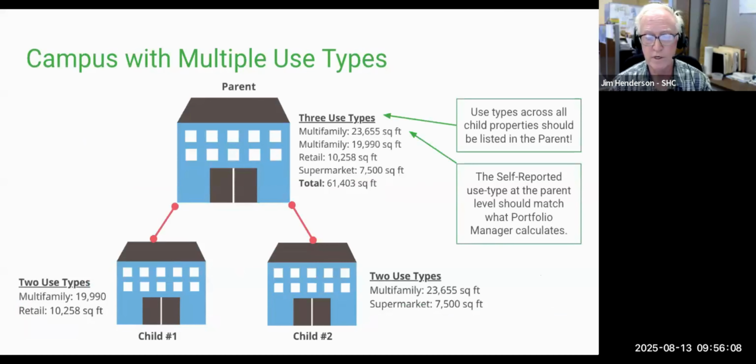The first one is child properties represent the physical buildings, so they should only have the property use details respective to them. Second, the parent property is a virtual property, and that represents the aggregate of all the child properties on the campus. And this means that the parent property should report all of the use types and the combined gross floor area of all of the child properties.